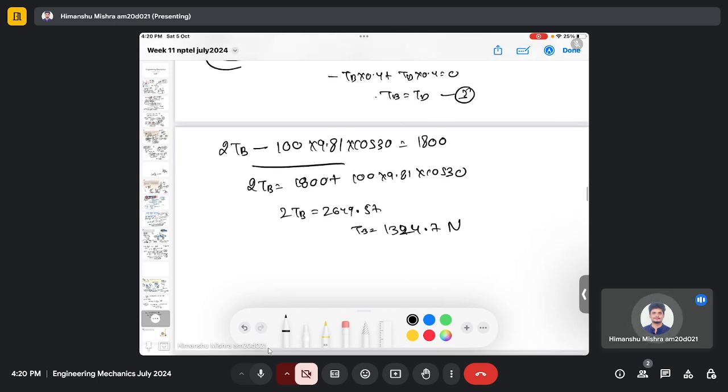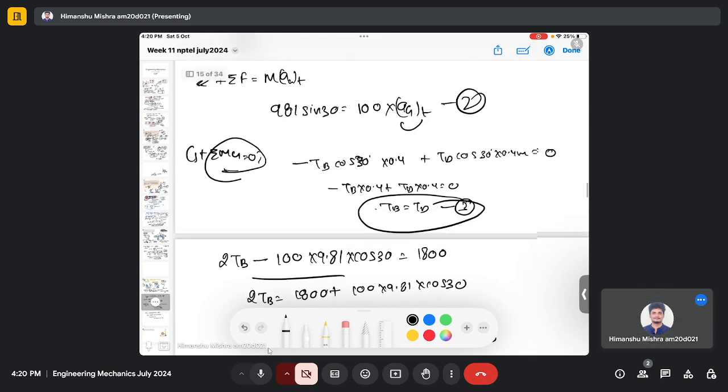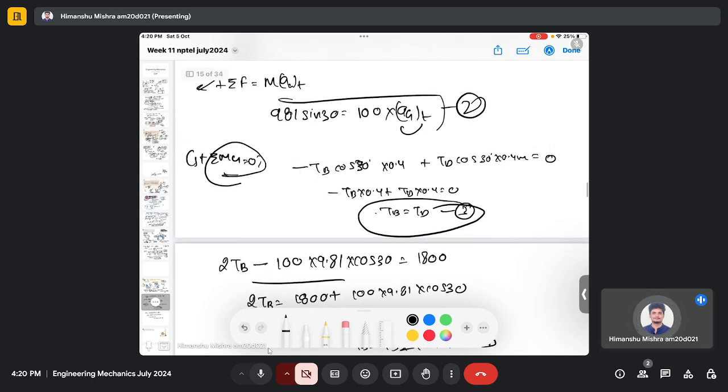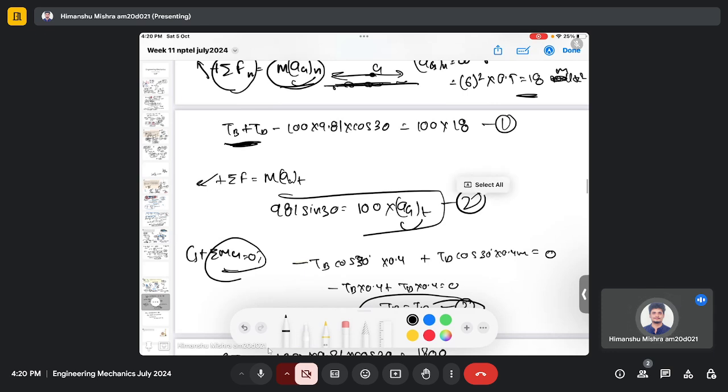This is equal to TD also, because from equation 3 TB equals TD. From equation 2 you can calculate the acceleration as well. So AG will be 981 sine theta divided by 100, so it is 9.81 sine 30, which is 9.81 divided by 2. This is my AG, which is roughly 4.9 meter per second square.